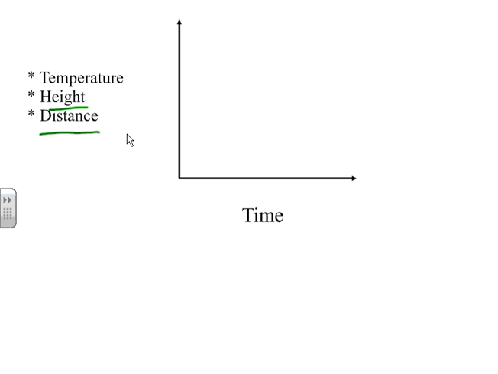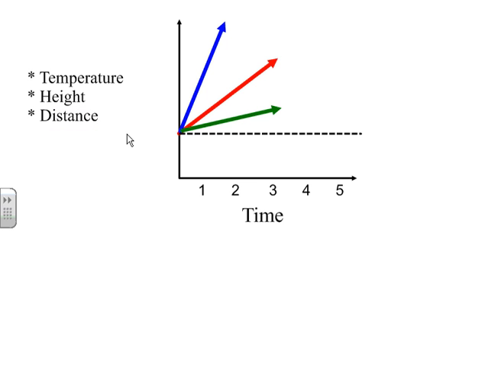So let's take a look at how we're going to look at these graphs individually. And here I have 3 lines, a blue line, a red line, and a green line. And what we're going to do is take a look at these and realize the steepness of things. So as a line gets steeper, we can say things happen a lot quicker.